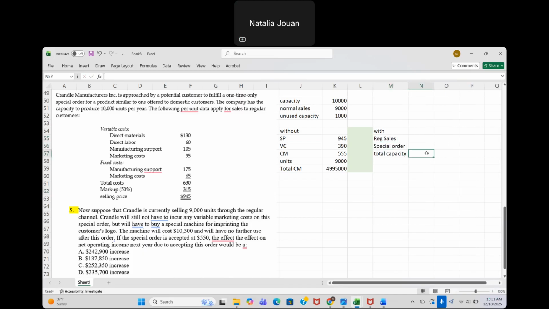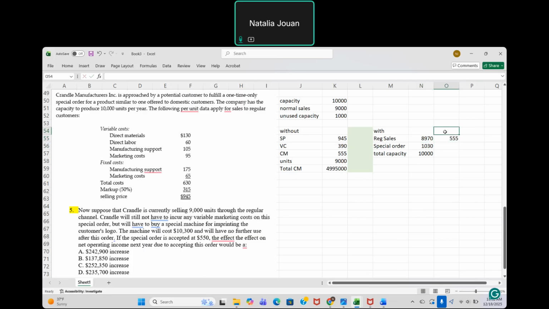Total capacity is 10,000. The special order is 1,030, and regular sales would have to be the 10,000 minus the special order. So we're selling 8,970 to regular customers, which we're making $555 per unit.